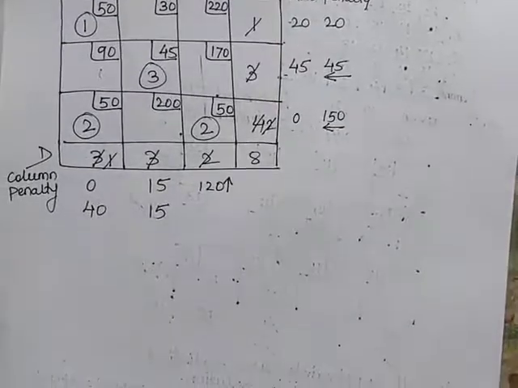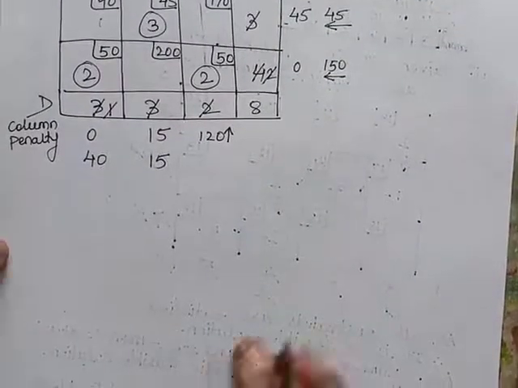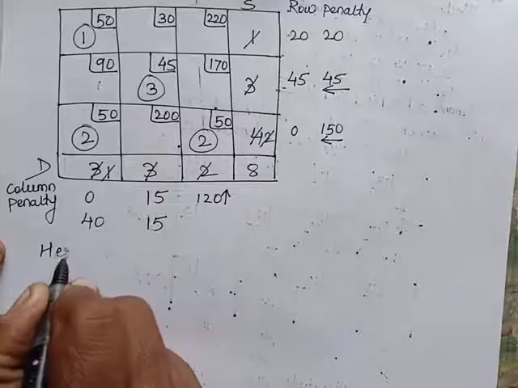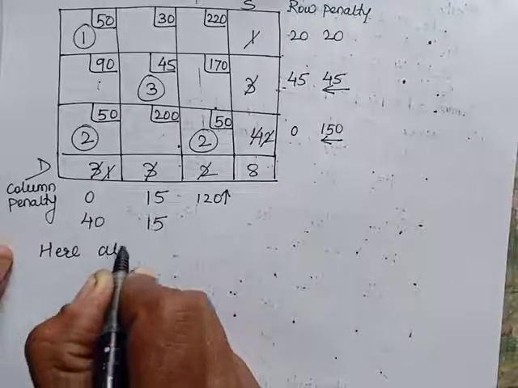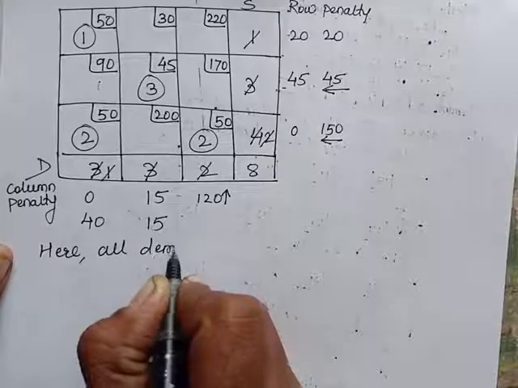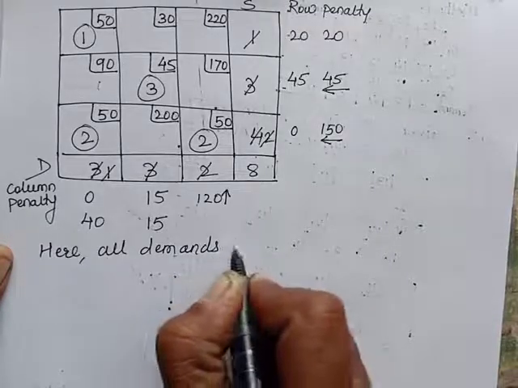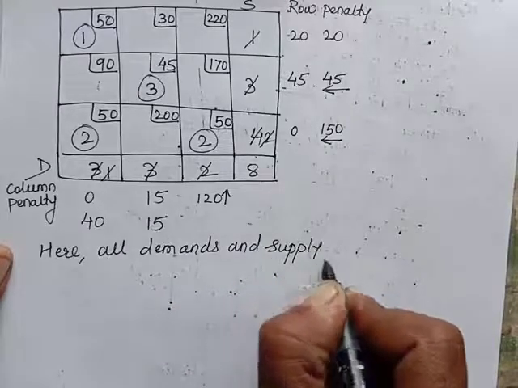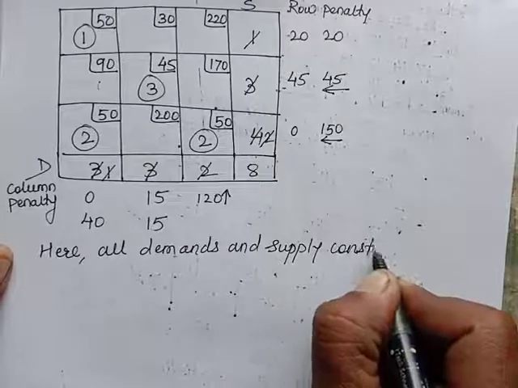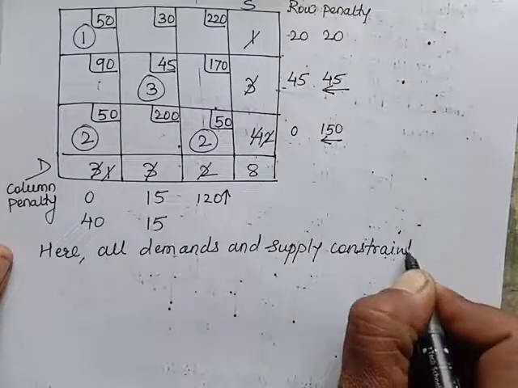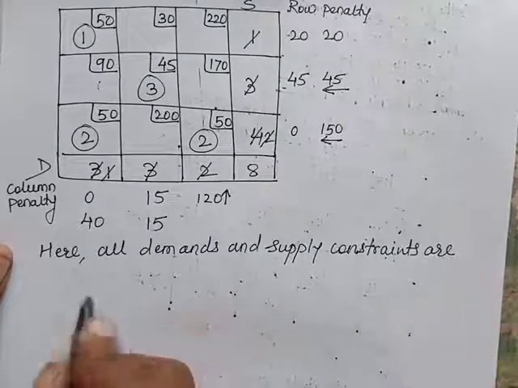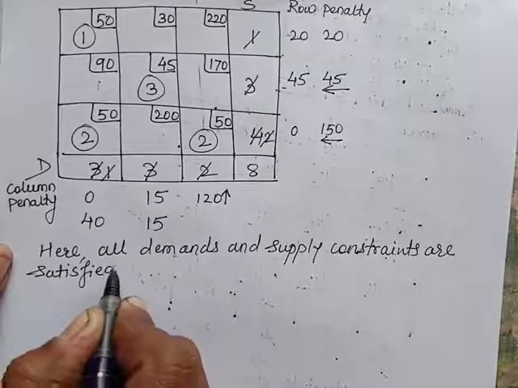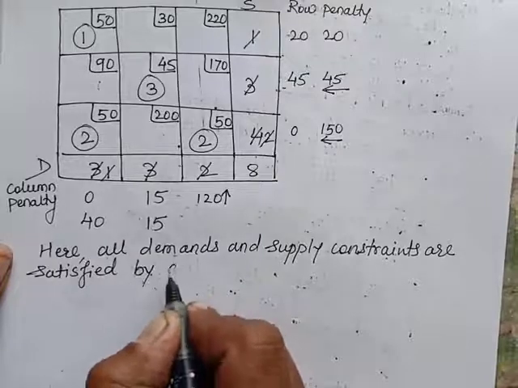So what can we say here? Here all demands and supply constraints are satisfied by allocations.